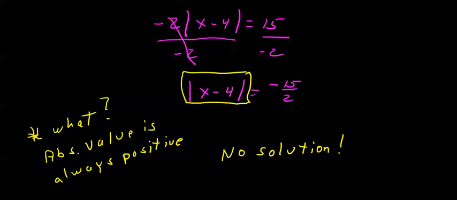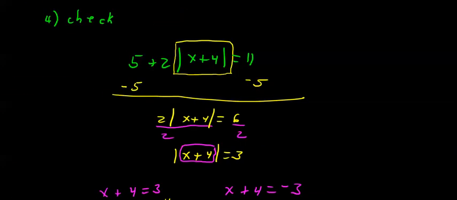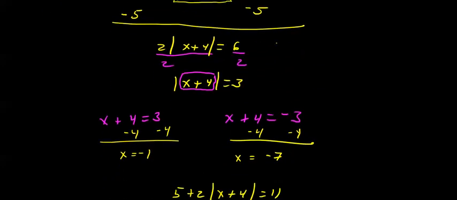All right. Remember, when you solve absolute value, we isolate the absolute value. We get this guy by itself. And then we write two equations with what's inside on one side and this number on the outside, both positive and negative.